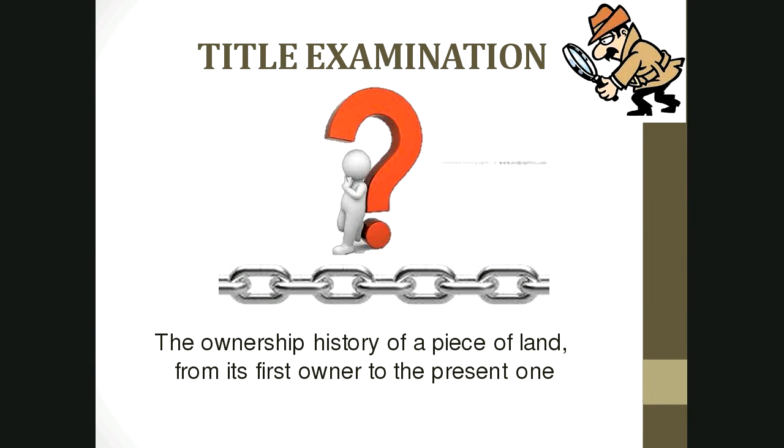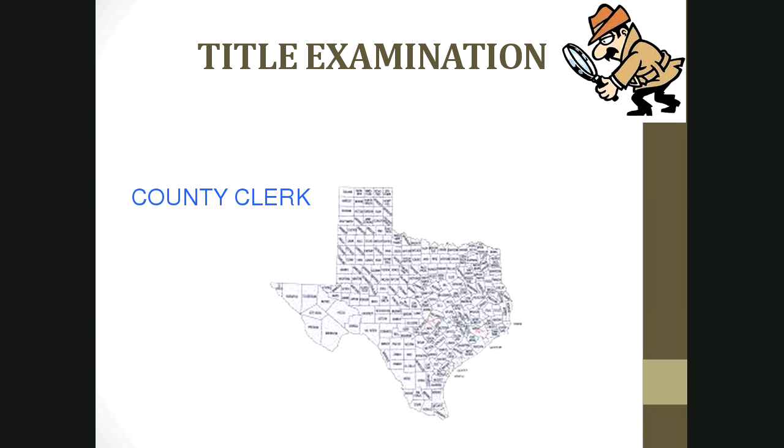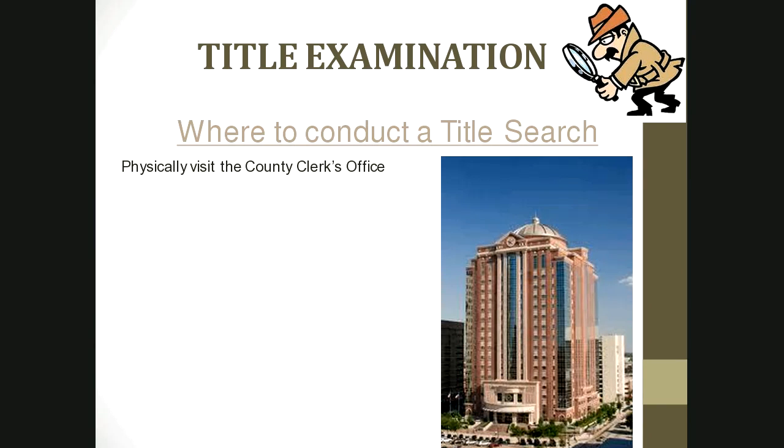So where do you do a title examination? Well, in Texas, we use the county clerk to record our documents. So that's where you do your title examination, at the county clerk's office. You can go down to the clerk's office physically, right? You can visit an actual building, an actual office, and go check out the records in person.